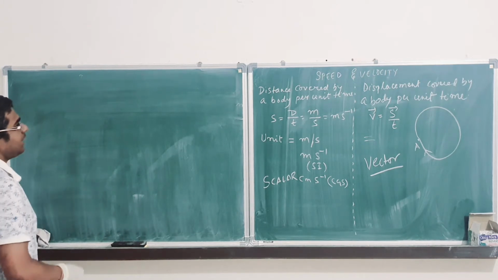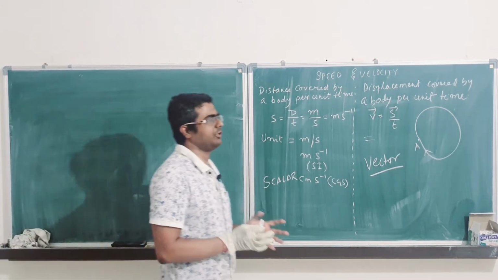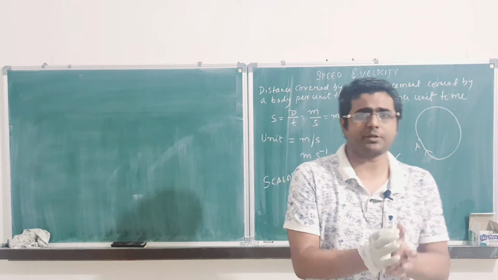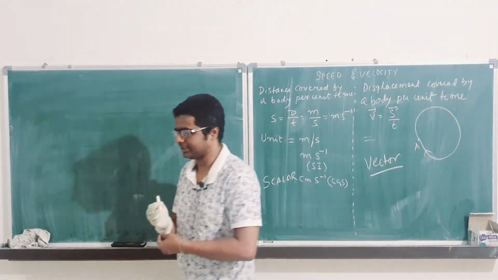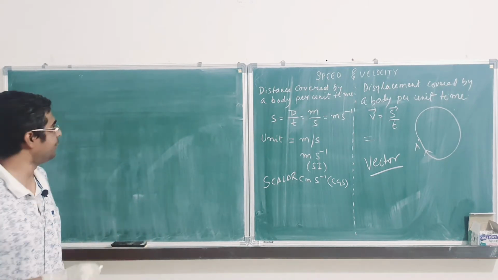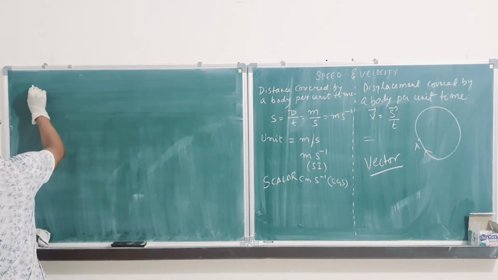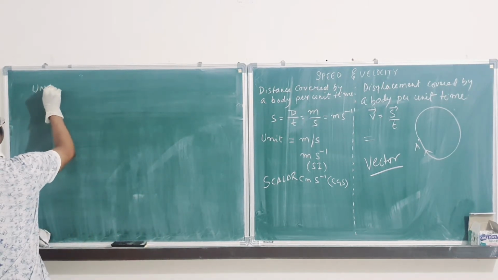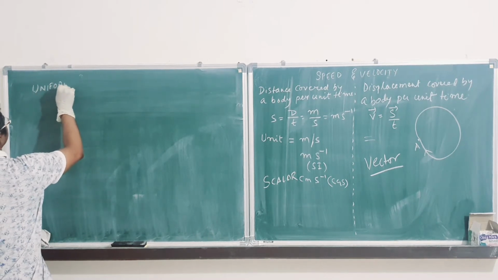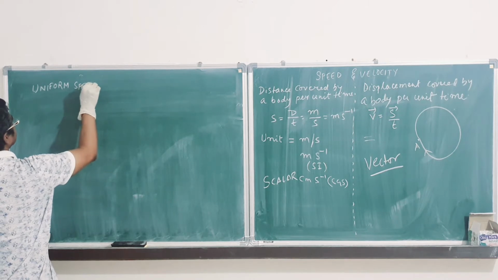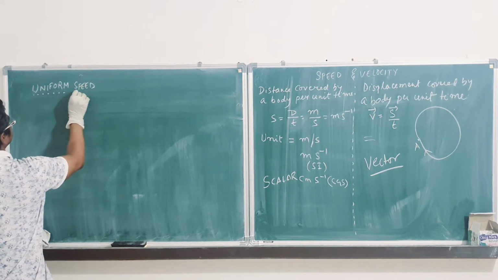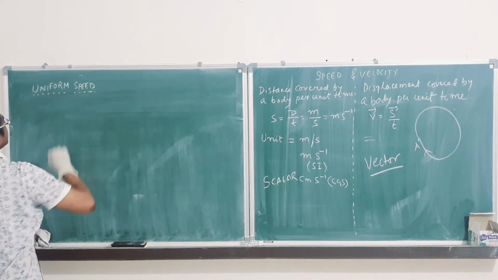Okay guys, now we will be doing certain different types of speed. It depends on how we calculate it, basically nothing else. So first thing is uniform speed.